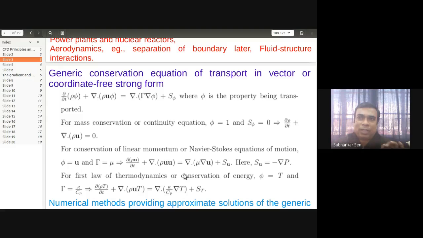Whatever the value of x, y, z you put, you will get the solution. This is the big difference between CFD and the theoretical approach. In the theoretical approach, you need the solution everywhere. But in CFD, we say no, we don't need the solution everywhere. If the distance between 2 points is a finite distance, then also my solution is acceptable.